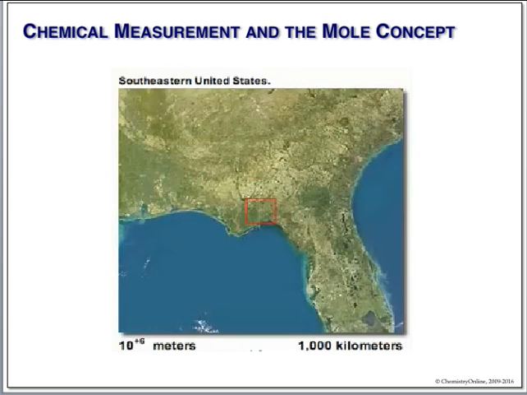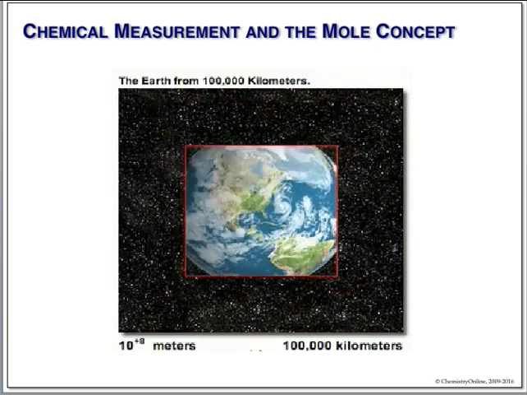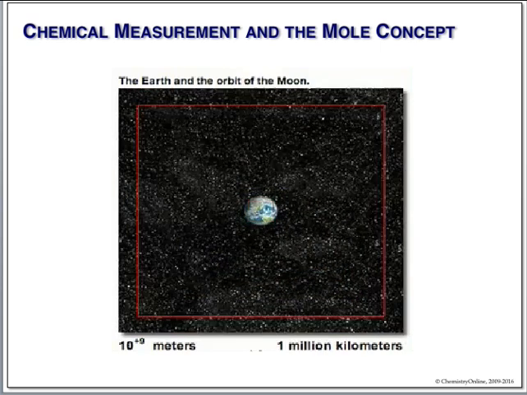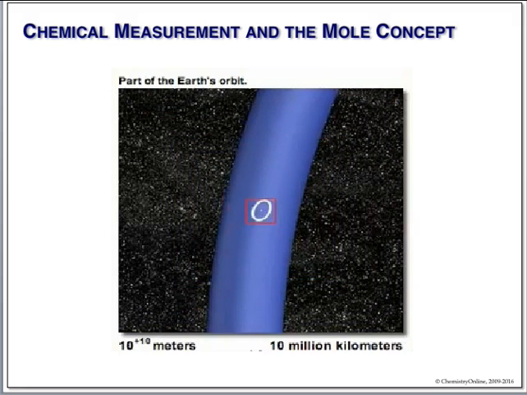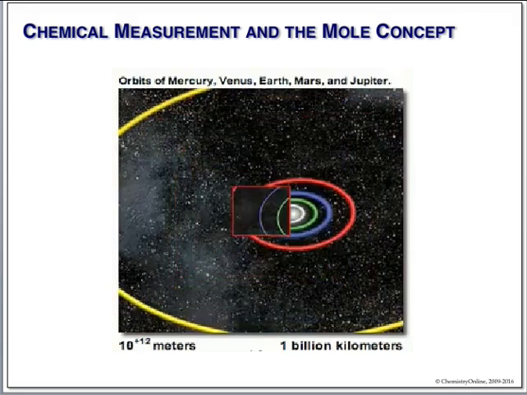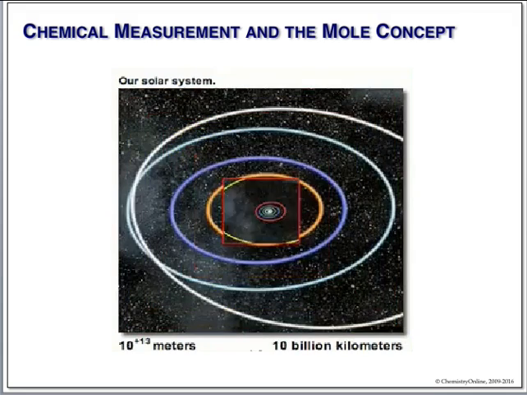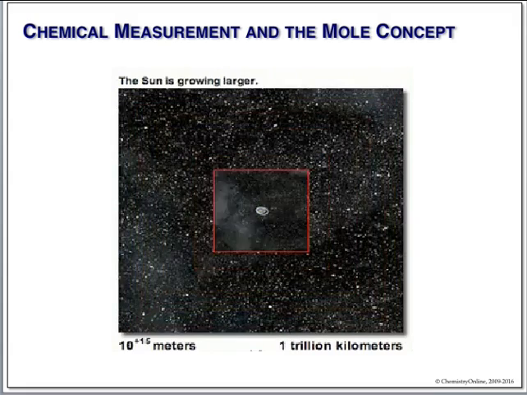At about 1,000 kilometers, you can see we're in Florida. There's the Earth. 1,000,000 kilometers, there it is, that's the moon. 100 million, here we are in orbit. 100 billion.